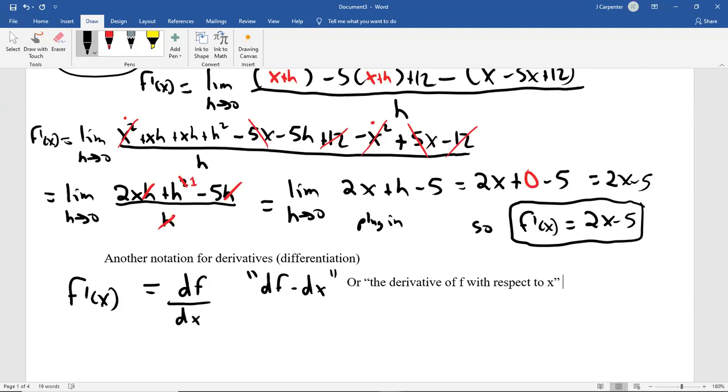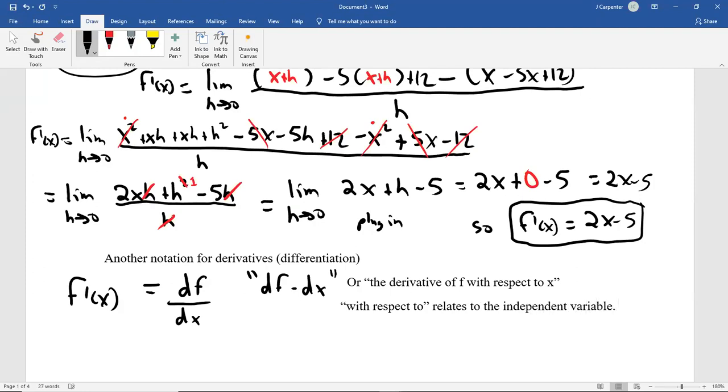And that with respect to idea, that's something you're going to hear constantly throughout the semester. What the with respect to means is that that's the independent variable. That's the variable that we are studying the change of. So how y changes with respect to x. So as x changes, what happens to y? So that's what's happening here. So with respect to relates to the independent variable.